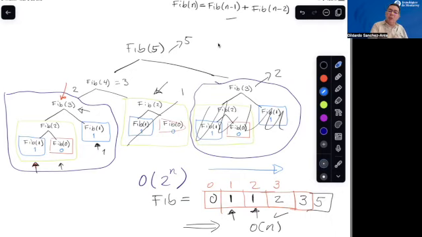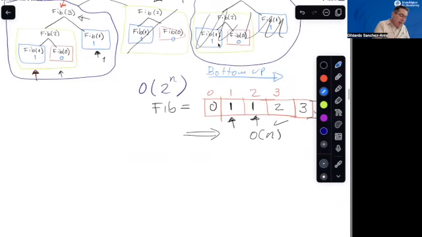So the solution that we are implementing or we are trying to define can also be considered as a bottom-up solution, which is the same, at least in this case, as having created an array with n numbers.